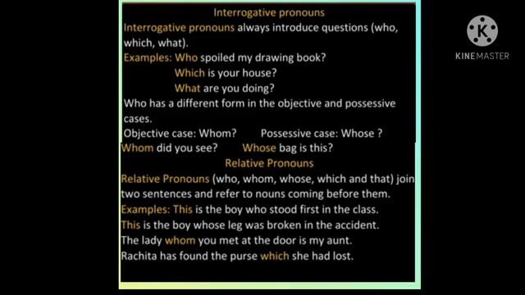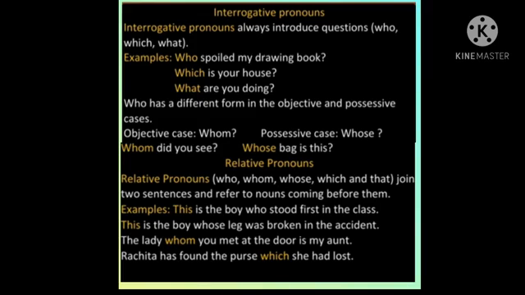Possessive case means to whom it belongs. There the question will begin with whose. Whose is this? Whose bag is this? These are the two ways in which we can use who. Who can be used both in objective and possessive case. Objective case means we will get an object when we ask the question.